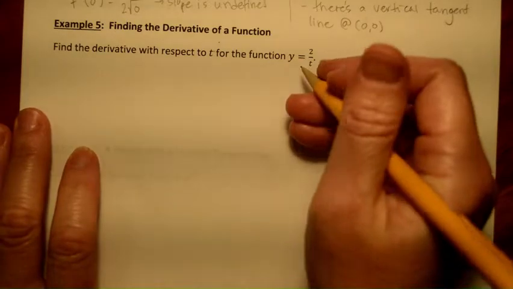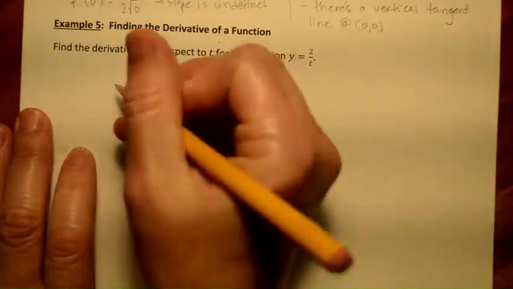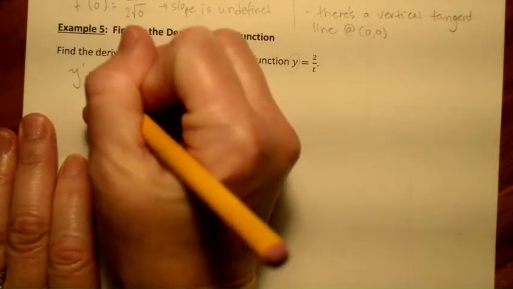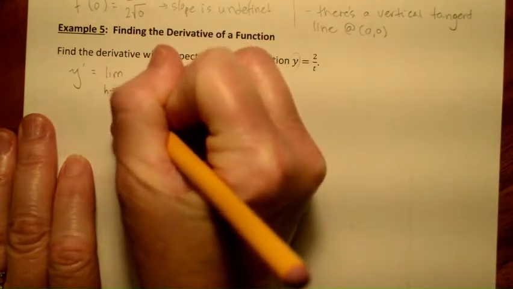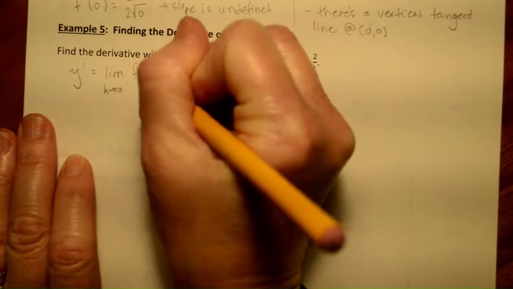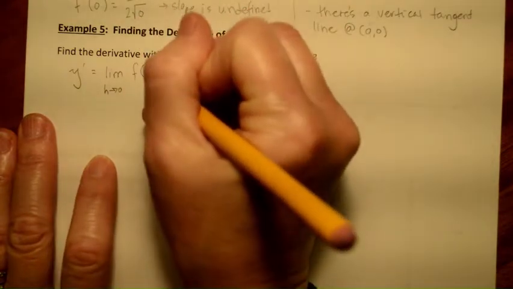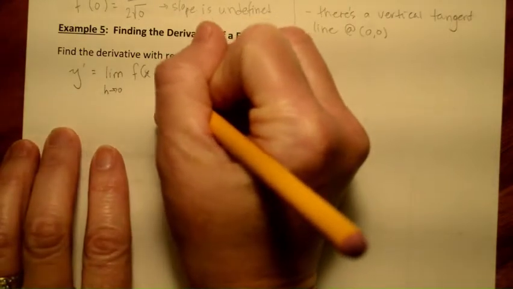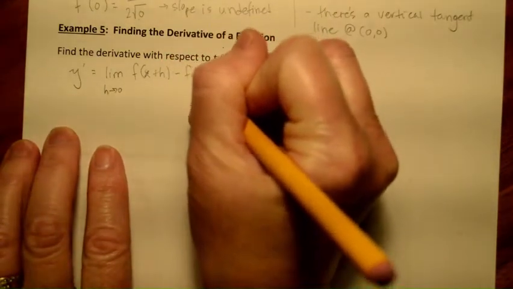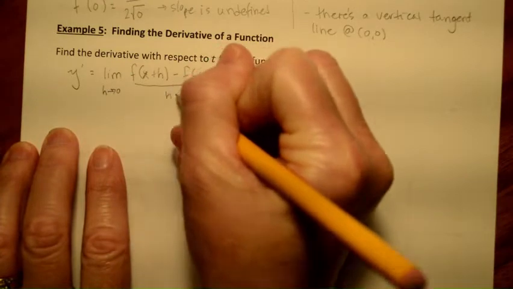All right, so because we've used y here, I'm going to call that y prime. And we would just say that that's the limit as h approaches 0 of f of, well, it's a little bit weird to say f of x when we're talking about y, but again, remember that they mean the same thing. So f of x plus h minus f of x all over h.